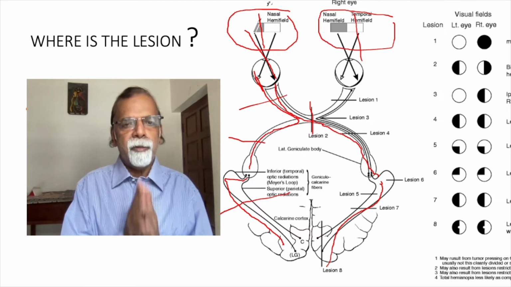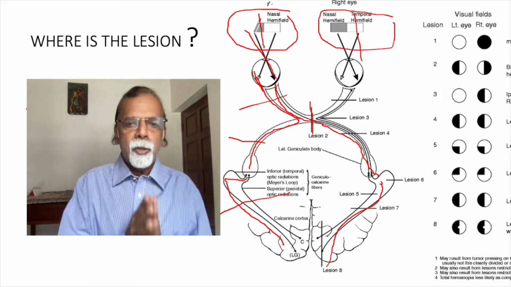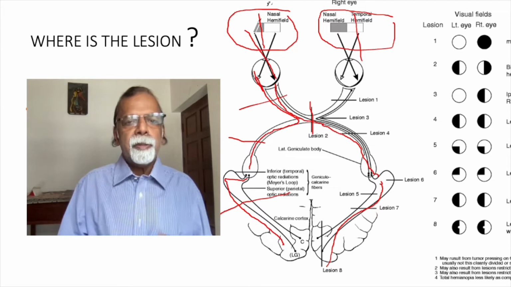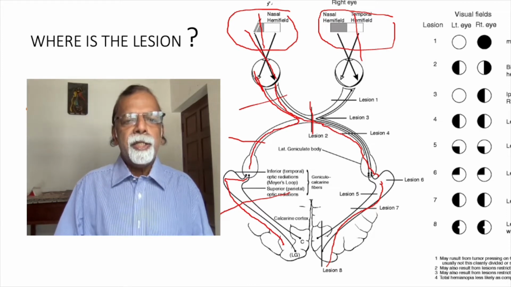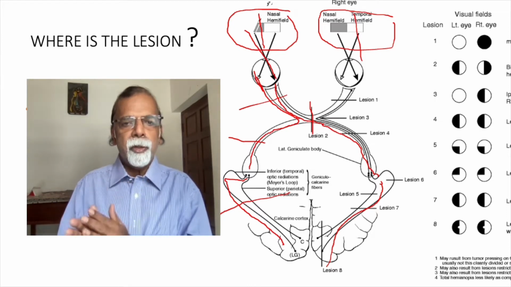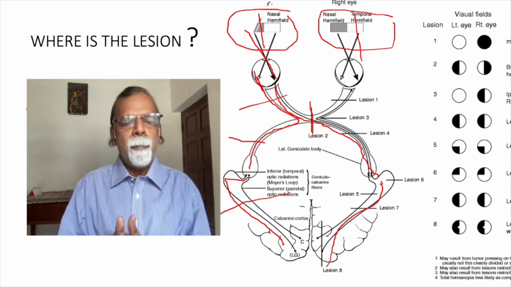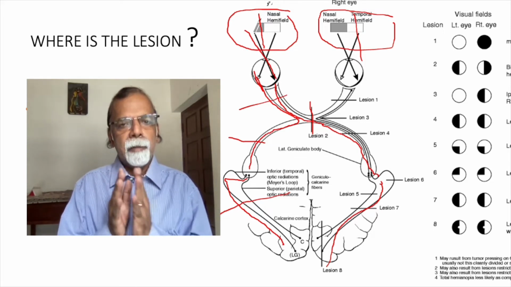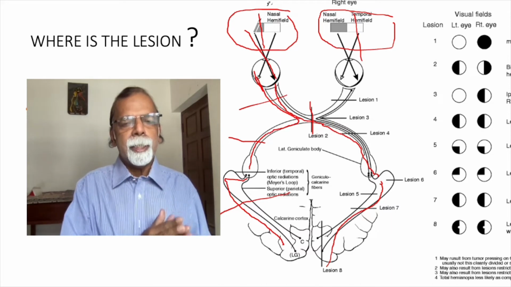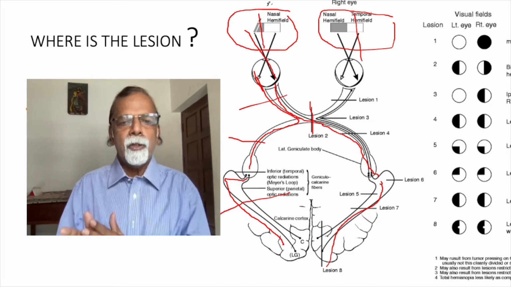So we should understand one point. One is what is homonymous hemianopia. Second point, if you get right homonymous hemianopia, just like a patient with hemiplegia, the lesion is on the opposite side.